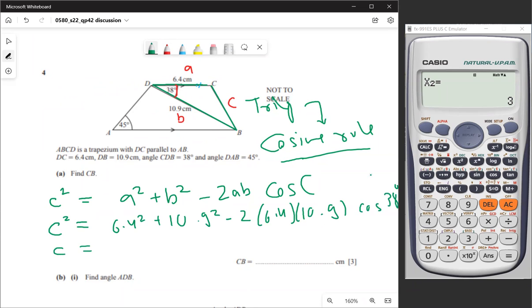Therefore, C must be, solve all of this, you'll get a value and take the square root of it. So C will be 7.06. Next part.